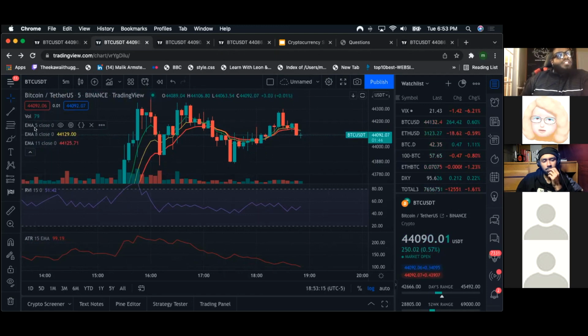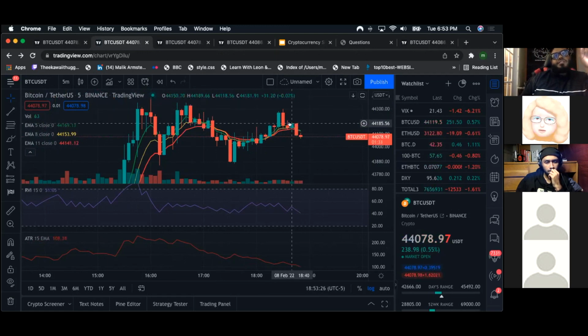Now just think, the 5 EMA is taking the last 5 data points. So we're taking the closing price of the last 5 candles and taking the average, but the EMA gives more weight to the most recent candle.